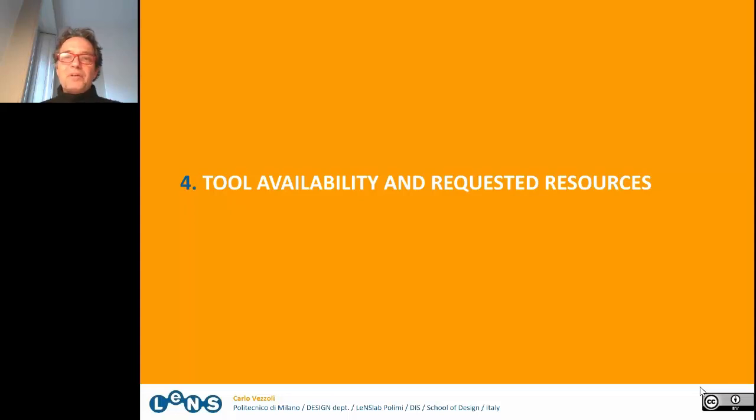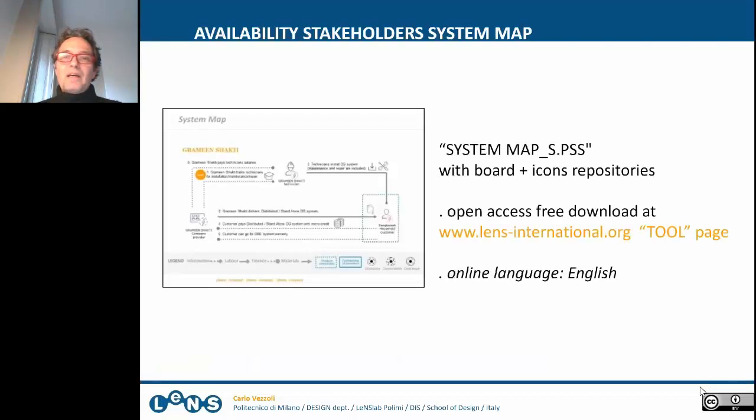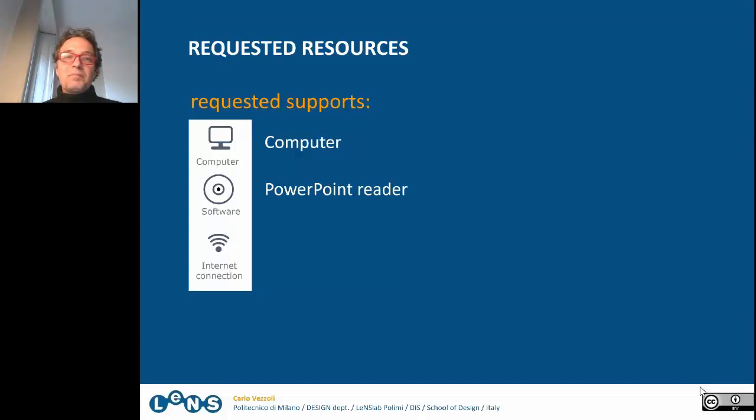The availability and requested resources. Actually, we can find a system map with a board and a set of repositories of icons on the Lens International platform. This is open access and free to download, and you can find it in English.